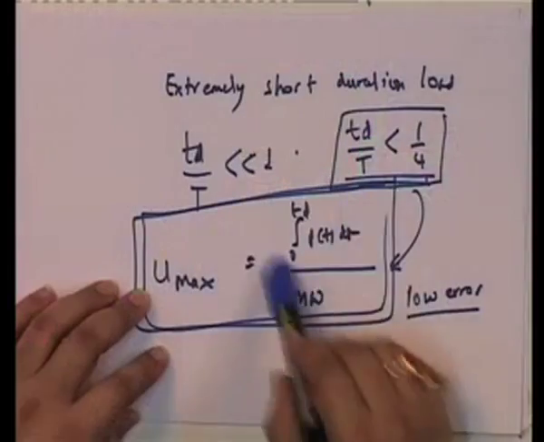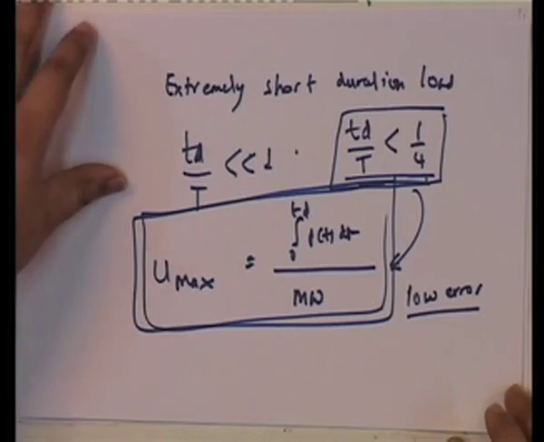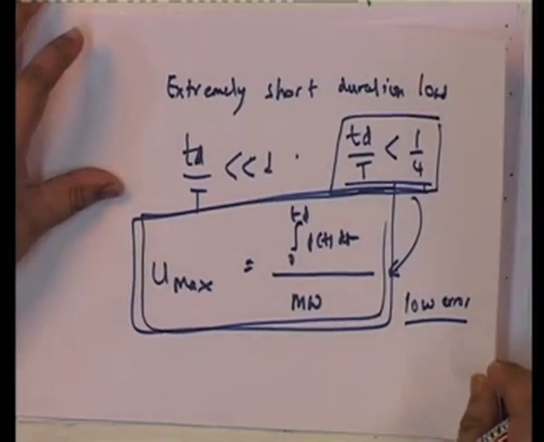If T d by T is much less than 1/4, then the maximum is given by the impulse divided by m omega. So, this is what we get from the pulse load characteristics. And we also looked at how to characterize impulse loads directly from that.